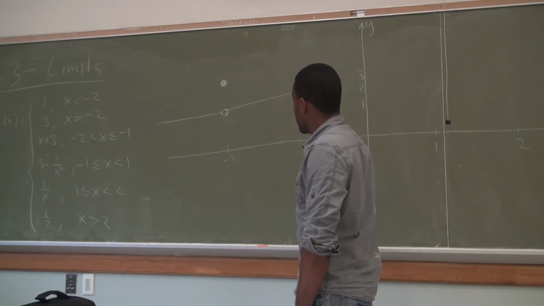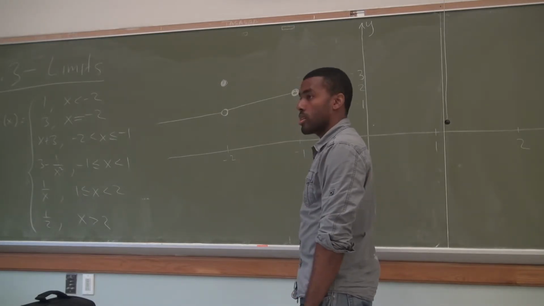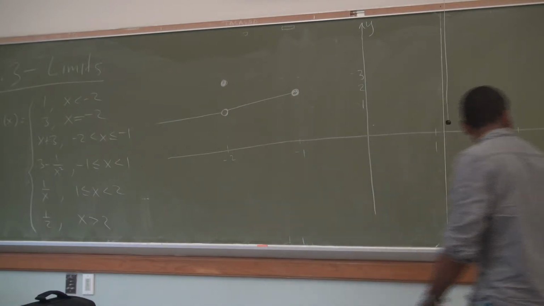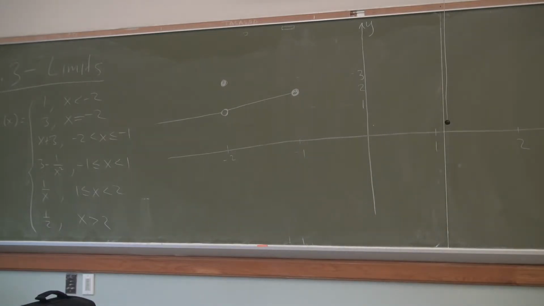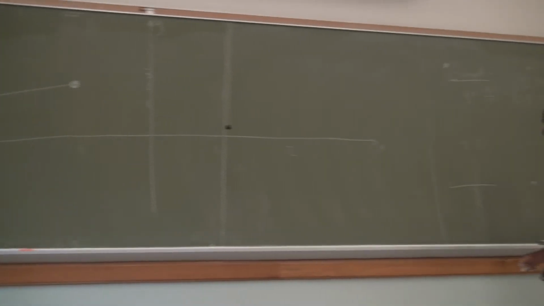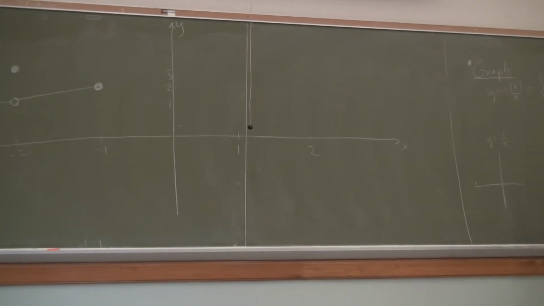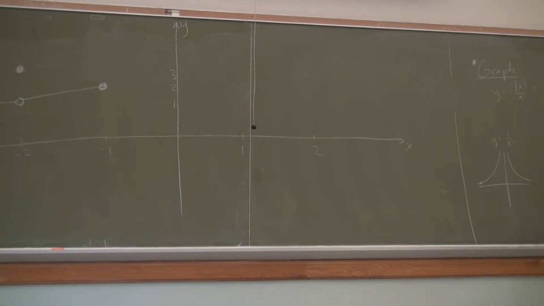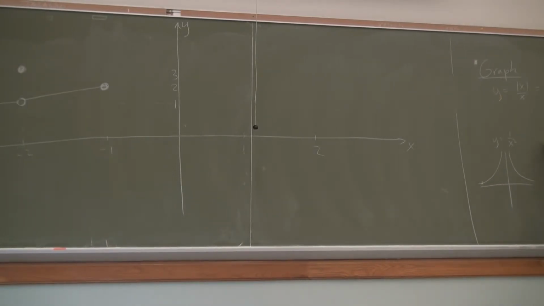Okay, so now 3 minus 1 over x squared. How does that look? How does 1 over x squared look? It looks like this, right? So if I look at -1 over x squared, what does that look like?